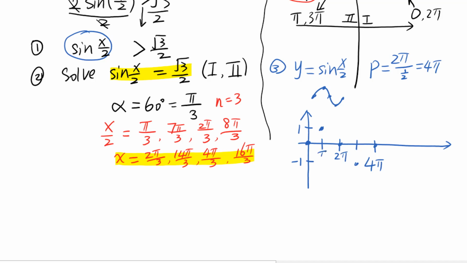Half of 2 pi is pi. We know the domain for this inequality is x between 0 and 6 pi. So we have 5 pi, 6 pi. Keep this pattern. You will get this. So let's sketch this graph.